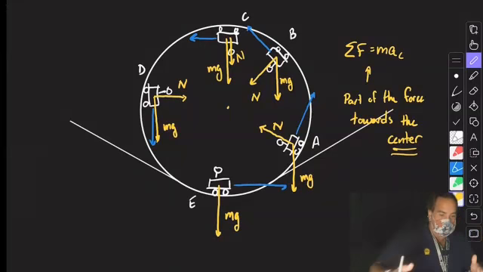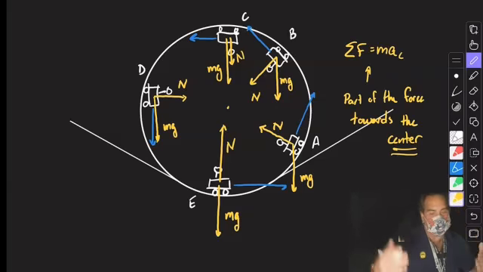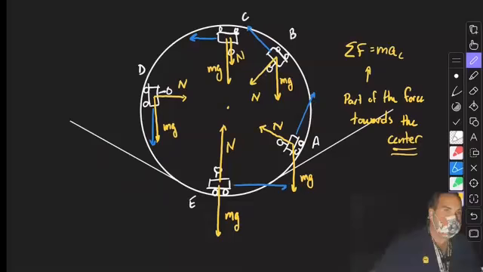Now, the problem focuses you by talking about E and C specifically, and they want you to know that at E, the normal force has to be bigger than the weight. Why? Because there has to be an unbalanced force towards the center. That's why they want to focus you on that idea. At C, they want to focus you on the idea that you already have a force towards the center and you don't need a normal force there. The normal force is there in case you need it.